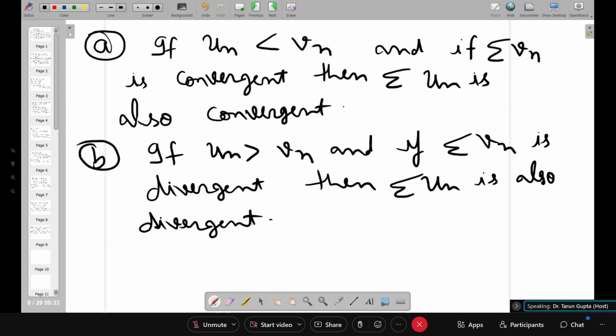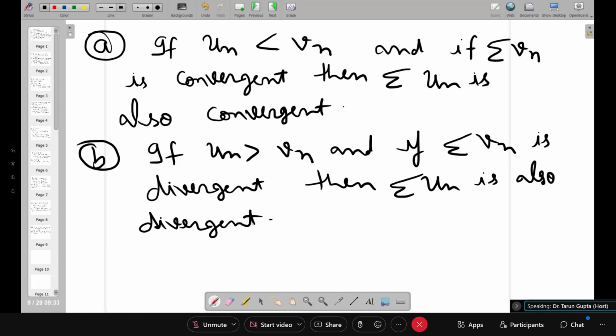If you are able to find such a Vn, then you can check the behavior of summation Vn. If summation Vn is convergent, then summation Un is also convergent. This is the first part.